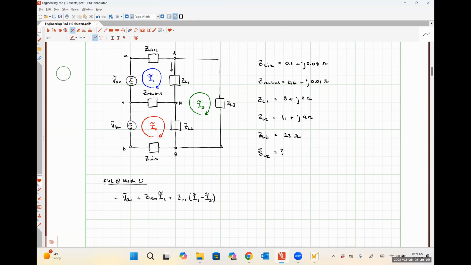Does anybody have any questions, comments, or concerns about where those currents came from or why they have the signs that they have? Okay, so if nobody has any questions about that, then I want you guys to tell me what the voltage drop across my neutral conductor should be.